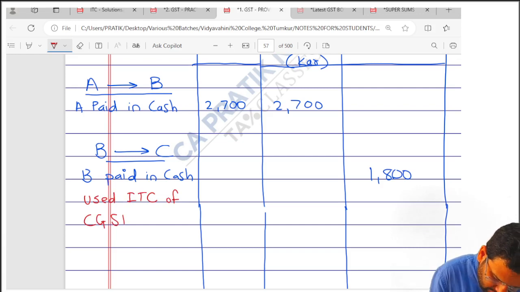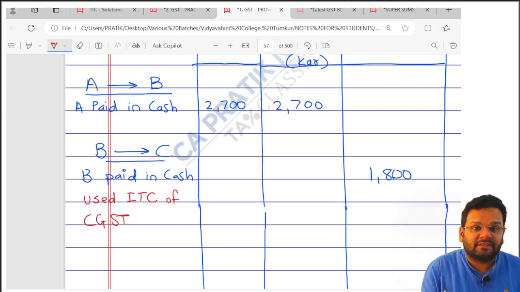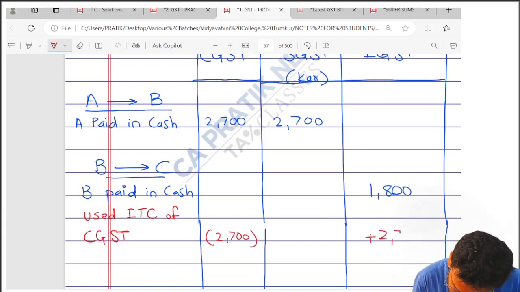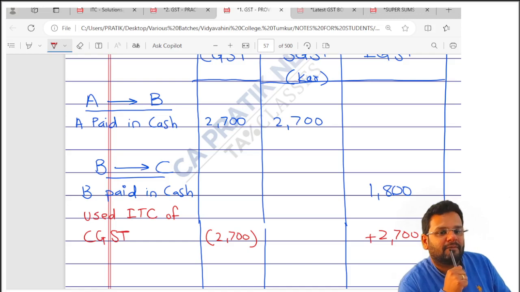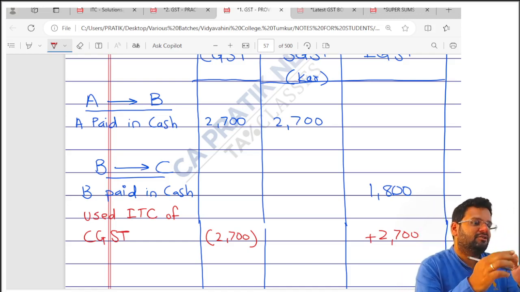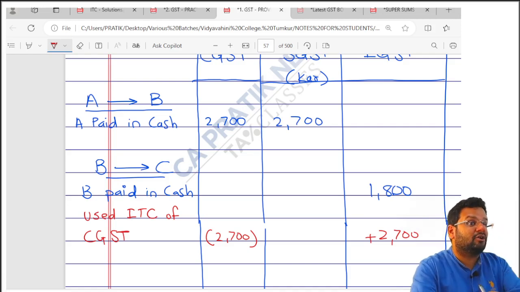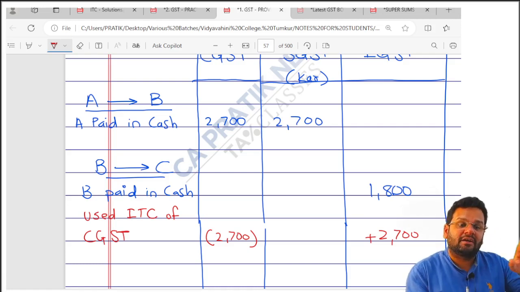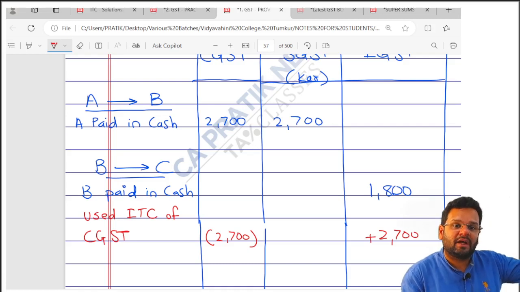To what extent? So friends, what will government do? Government will pick up this 2,700 and put it here. This is called transfer of credit. In short, when he used ITC of CGST to pay which tax? IGST. So government reduced from their CGST and government transferred it to their IGST.